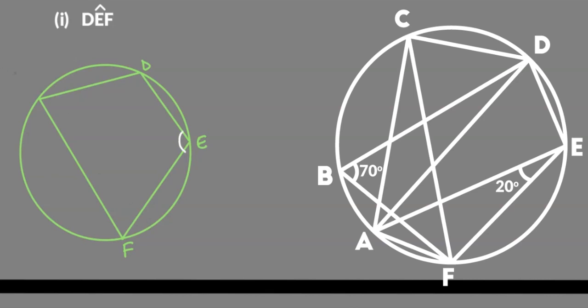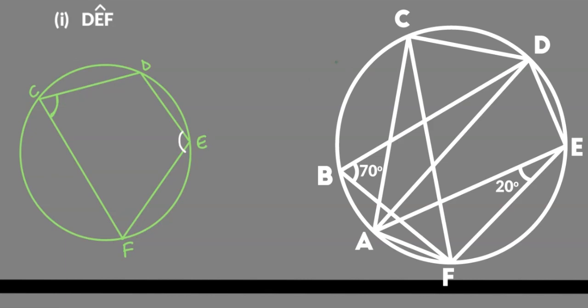Then we have C. If you look carefully in the diagram, you notice that if we add the angle at C and the angle at E, we're supposed to have 180 because DEFC is a cyclic quadrilateral.